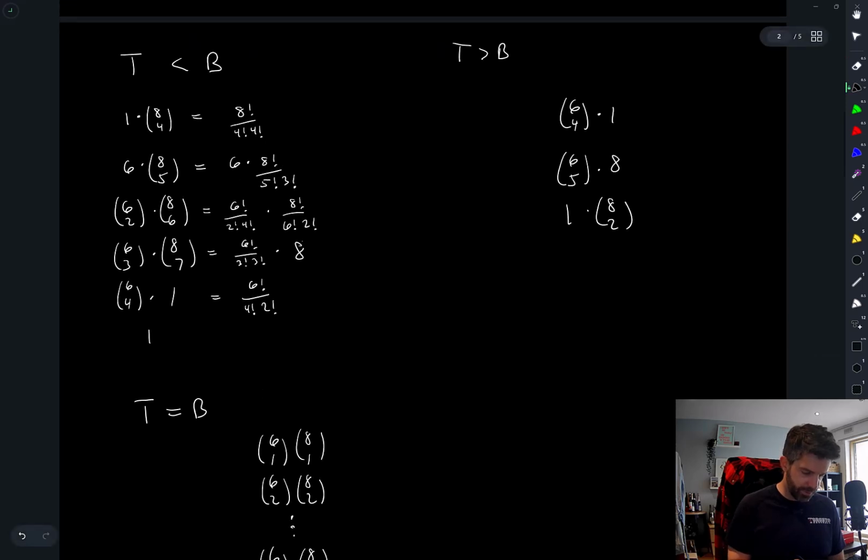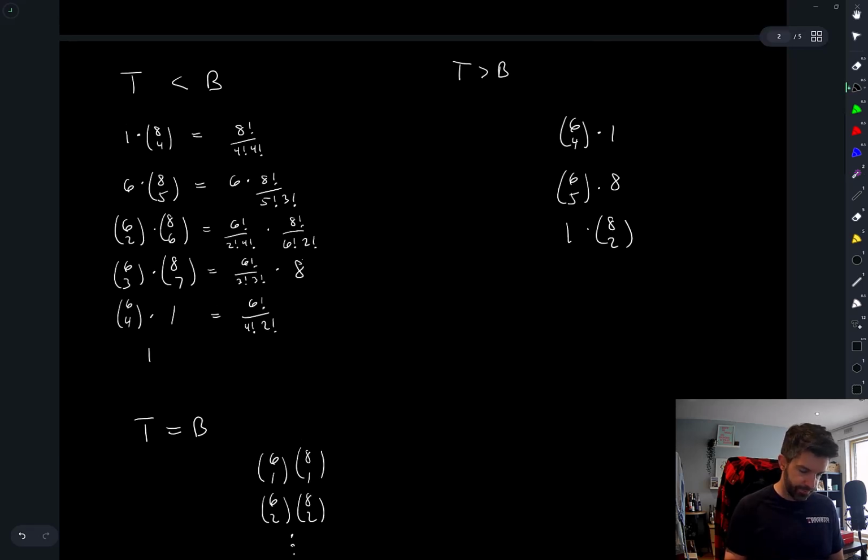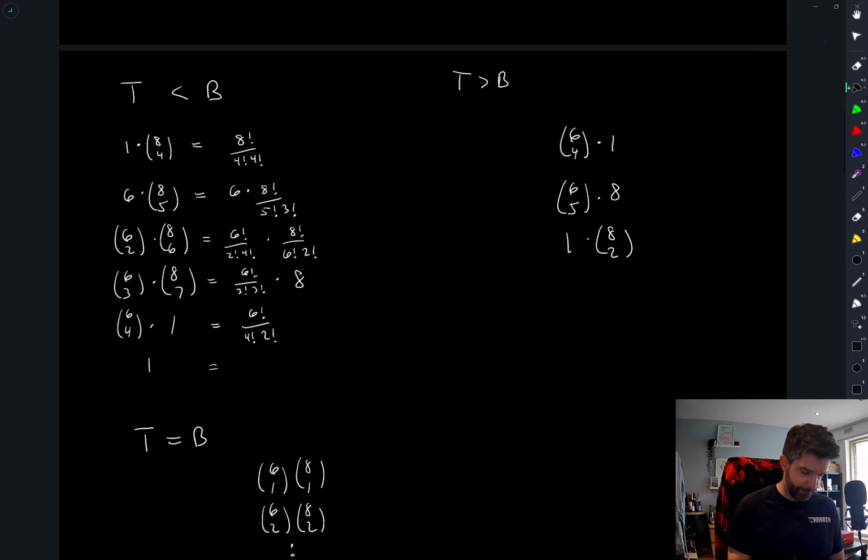What is this number for? Oh, right, it's because when there's 0 tenors and 8 bases, there's only one way to do that.